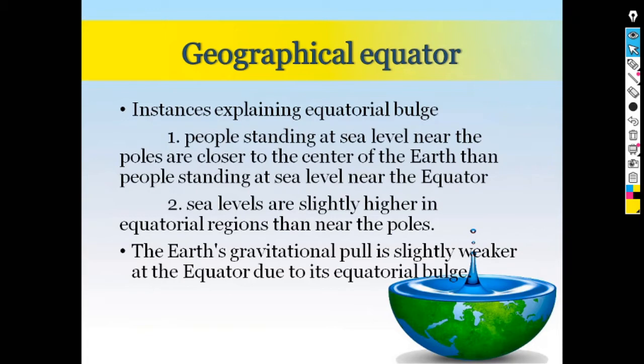Very easy to understand, right? Sea levels are slightly higher in equatorial regions than near the poles. The Earth's gravitational pull is slightly weaker at the equator due to its equatorial bulge.